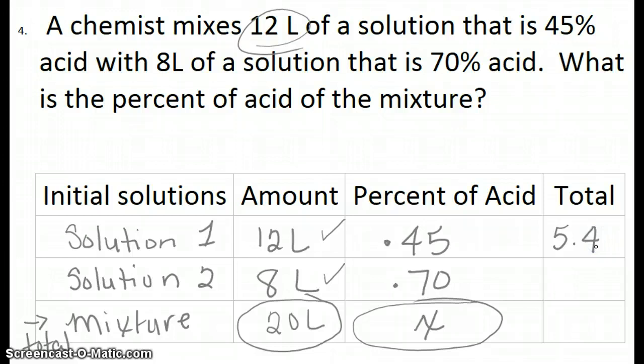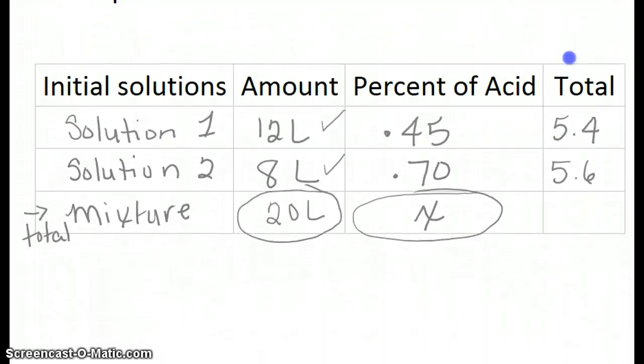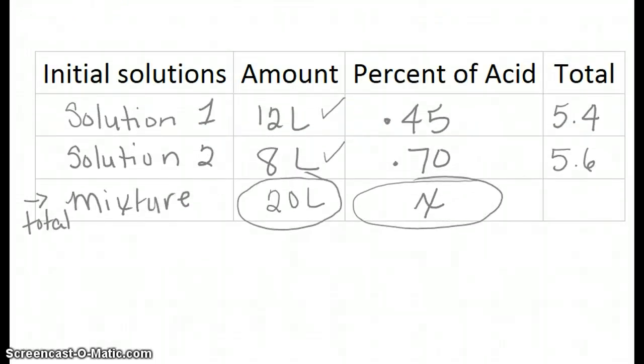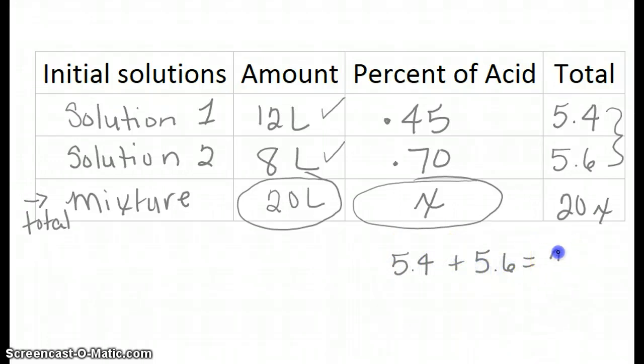And then our second solution is going to be 8 liters at 70%. And that's going to give us 5.6 liters. So if we take that and we're going to add these two and get 20x, we get 5 and 4 tenths plus 5 and 6 tenths equals 20x.